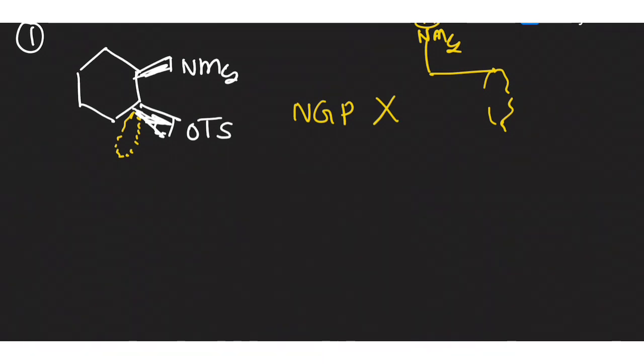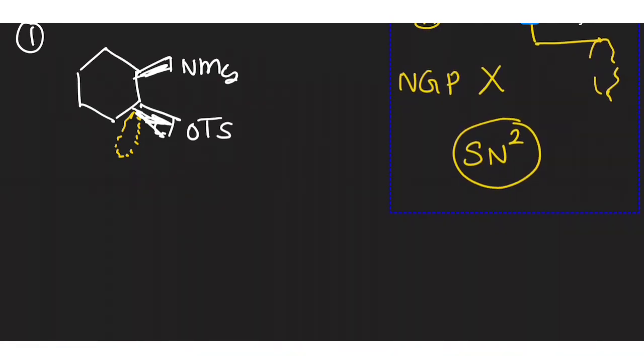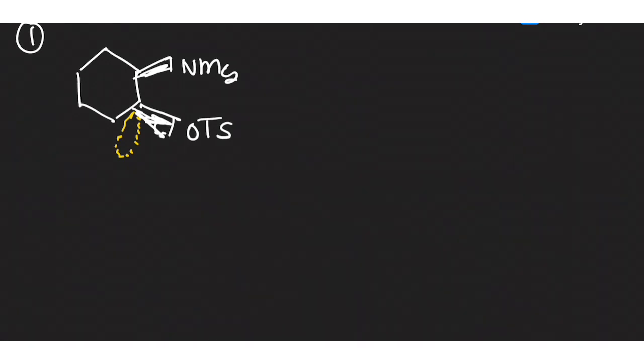So what will happen? The normal, usual SN2 which we do will happen in this case. If I have OAc negative, what will happen?